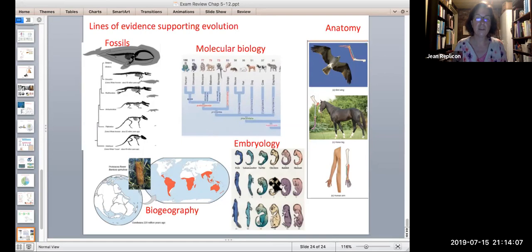Similarly, with the embryological evidence, there are similarities, actually it's hard to distinguish these in the embryos of vertebrates. The fact that there is this similarity indicates a common ancestor and shared ancestry. And the different stages are kind of remnants of the shared path that we have with these organisms.